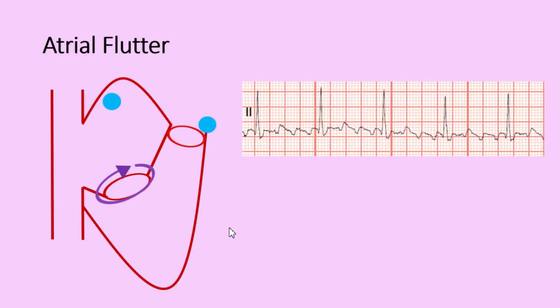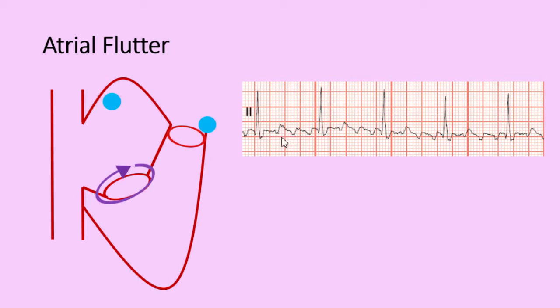What this reentry circuit does is loops around at a faster rate than the SA node is able to fire, and so you can potentially get these depolarizations moving through the AV node and causing a supraventricular tachycardia. So what we see on an EKG strip of atrial flutter are these sawtooth-like waves and no discrete visible P waves.